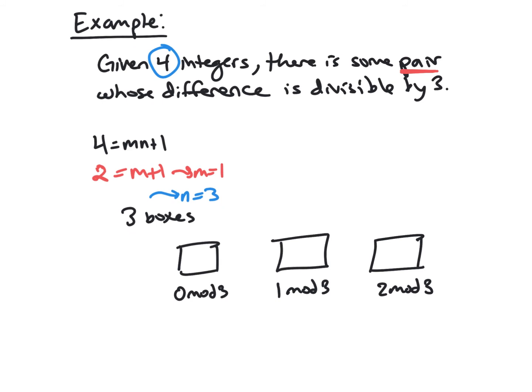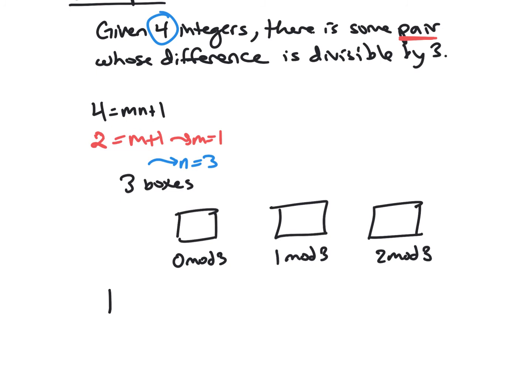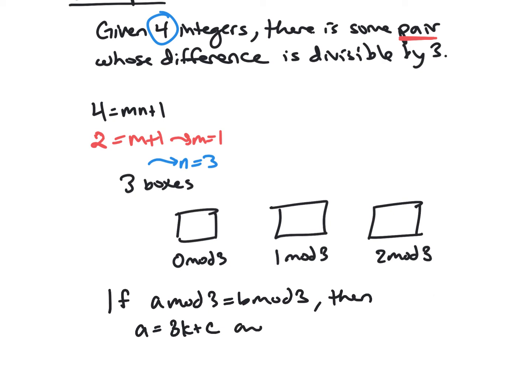Now, why does this give me what I want? If A mod 3 is equal to B mod 3, what does this mean? This means they have the same remainder. So A is, say, 3k plus c, and B is also 3 times l plus c, right? They have the same remainder there.